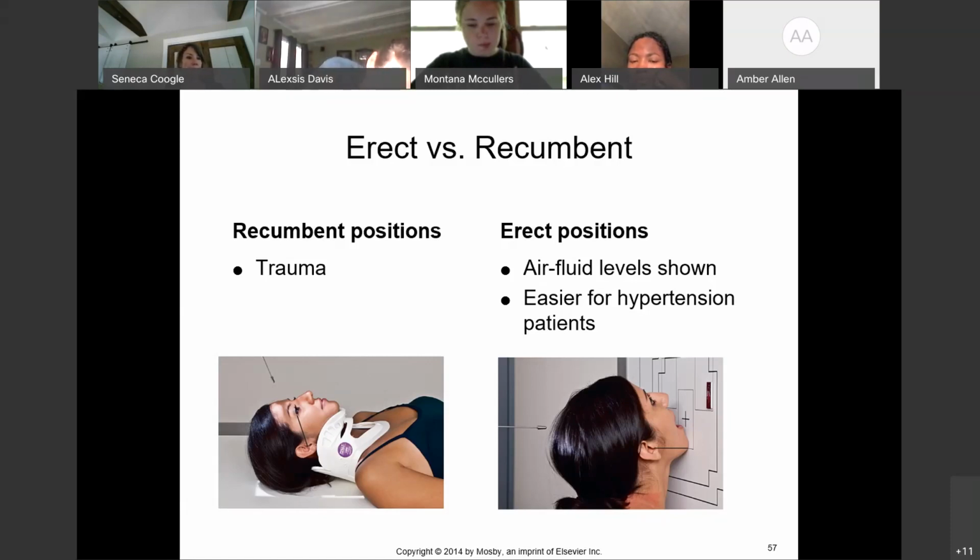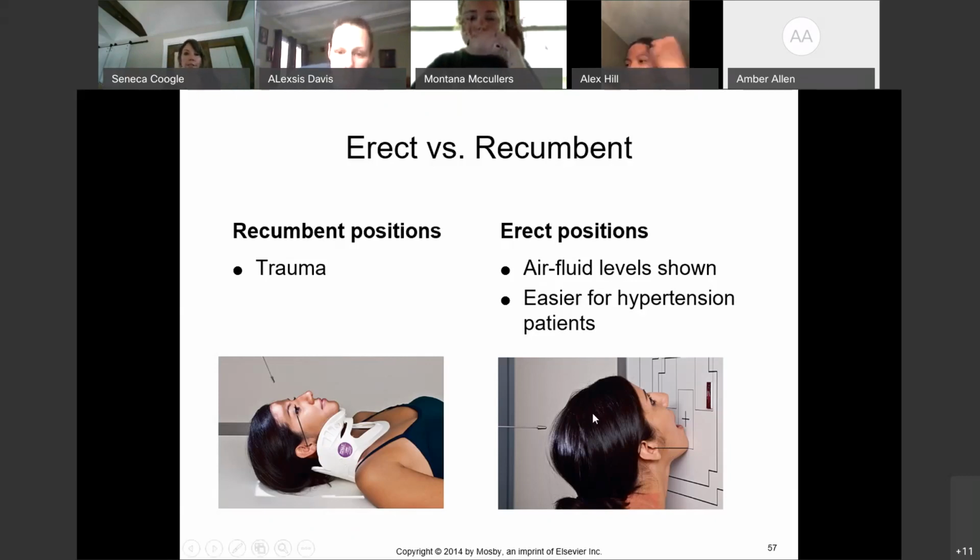The erect positions, of course, show air fluid levels. And it's actually kind of neat to see, and I mean, not neat for the patient, but it's kind of neat to see someone's sinus x-ray and they have fluid-filled sinuses. I mean, it's bad for them, but you can tell that they're really sick. They don't feel good.